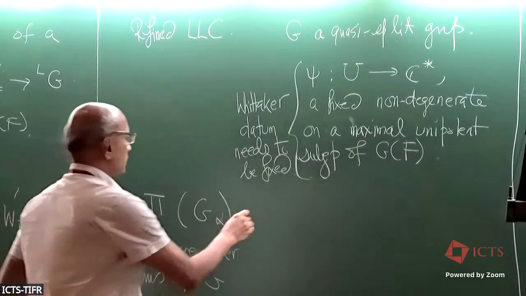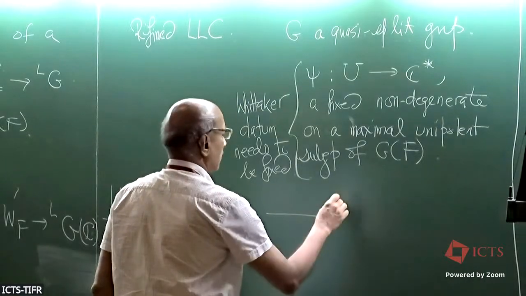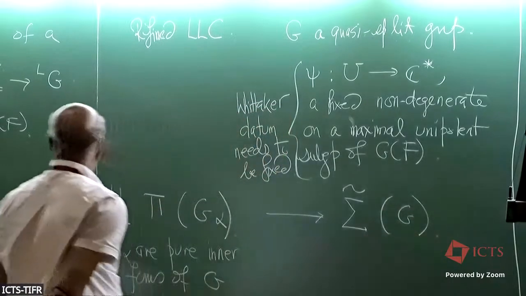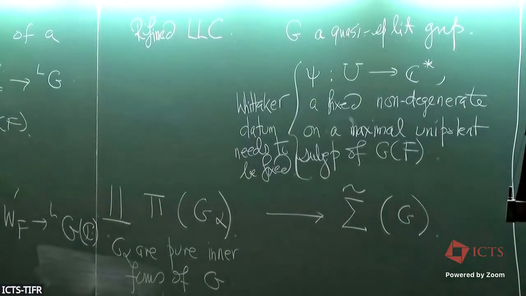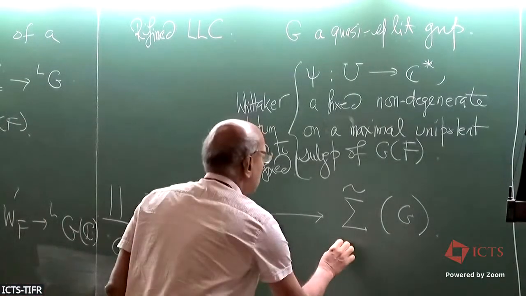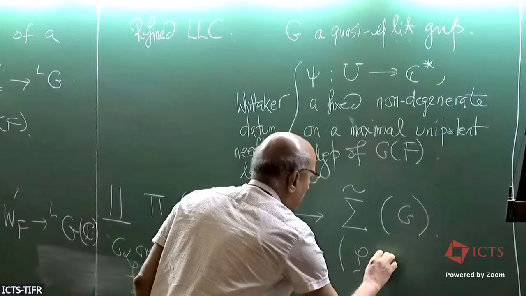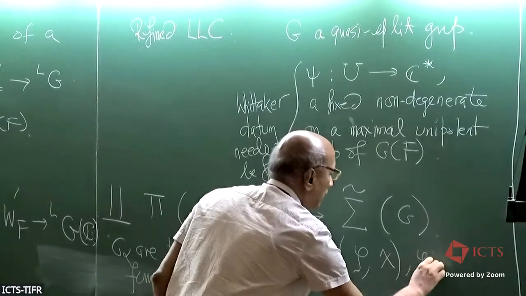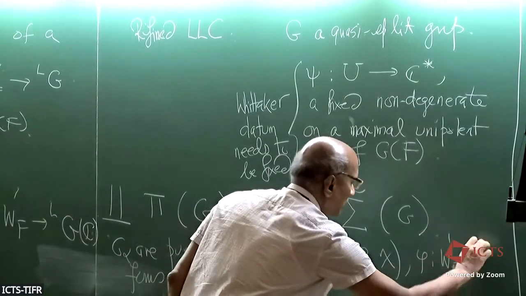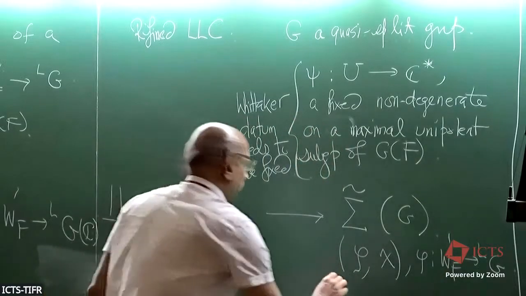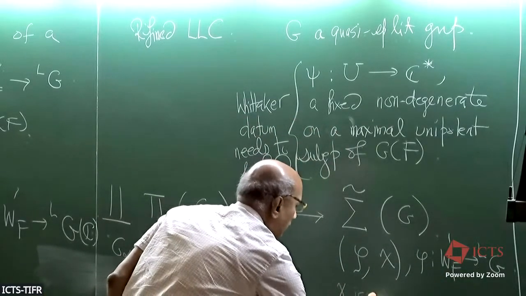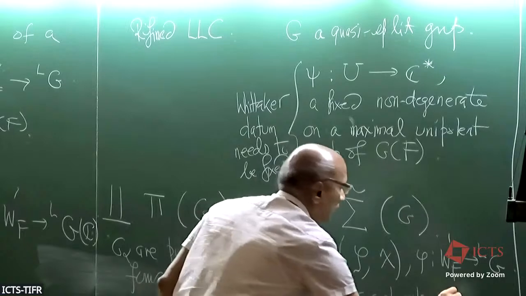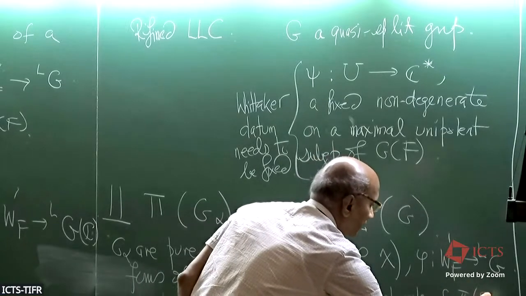And then there is Sigma tilde G. So that Sigma G was just morphisms, and Sigma tilde G consists of a morphism phi together with chi, where phi is what it was on the previous board, a morphism, and chi is a character of pi naught of C phi.